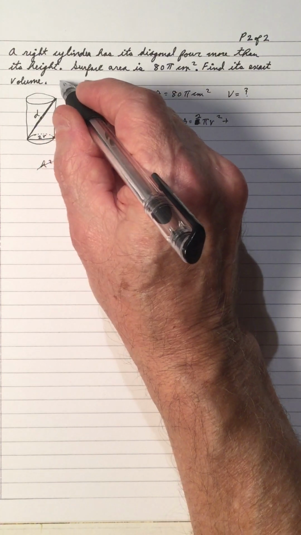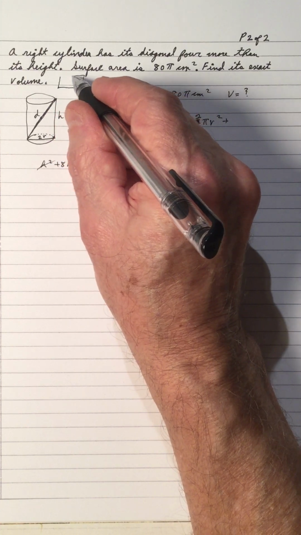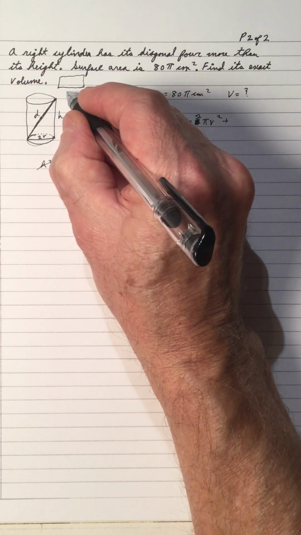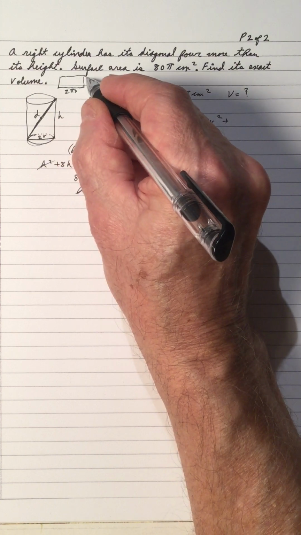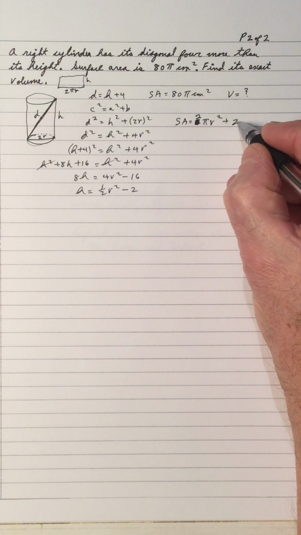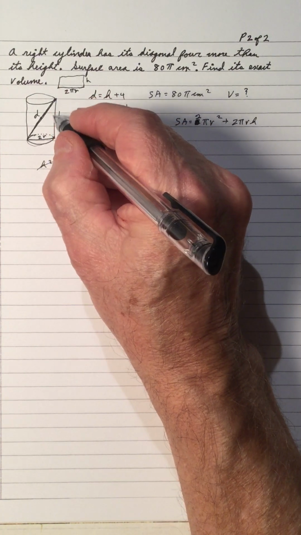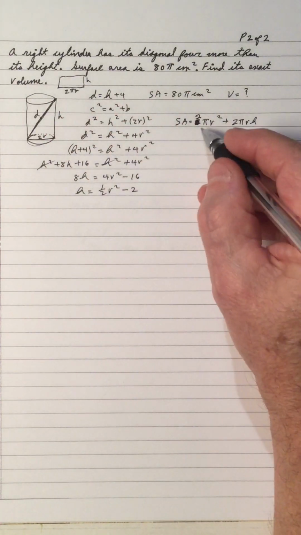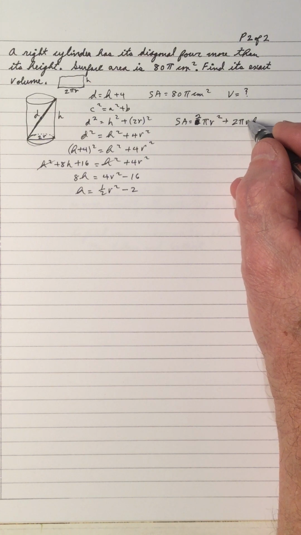When you take a cylinder and cut it down and fold it out, you get a rectangle. The circumference is 2 pi r times the height, so the lateral area is 2 pi rh. That's how I remember it. So there's 2 circles and a rectangle.